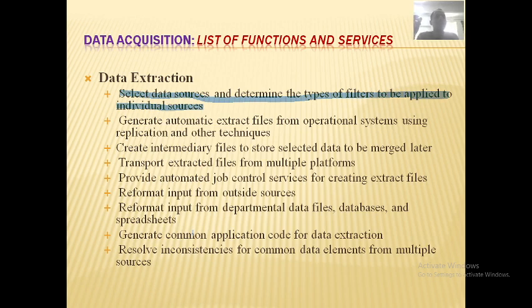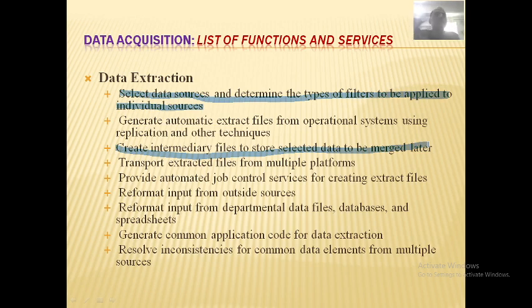Create intermediary files to store selected data to be merged later. See here now. I have extracted some part of the data, and some part of the data will be extracted later. In case such a thing happens, those data can be merged later.